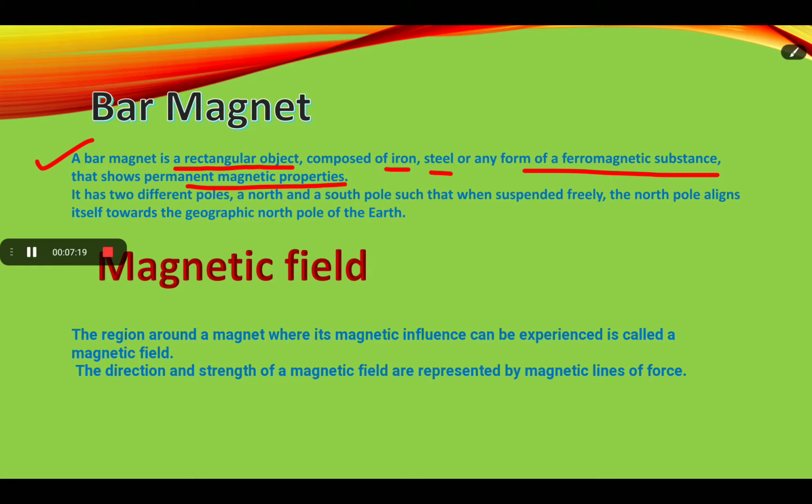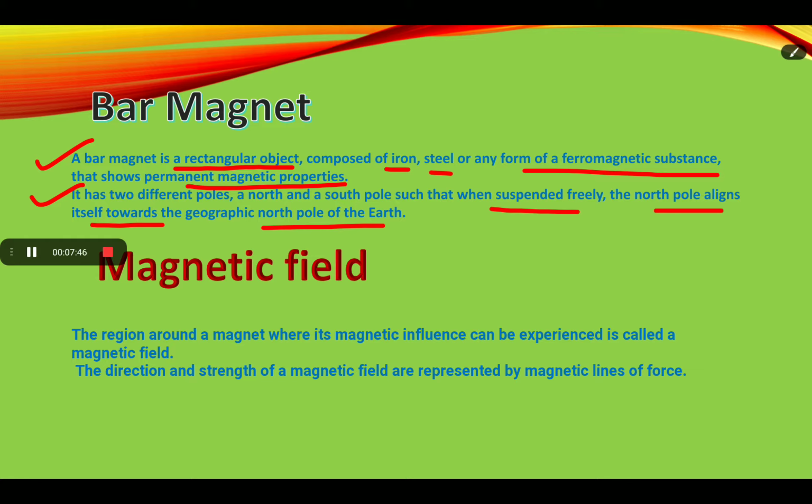It has two different poles, a north pole and a south pole. And when this bar magnet is suspended freely, the north pole aligns itself towards the geographic north pole of the Earth. This is one of its properties.